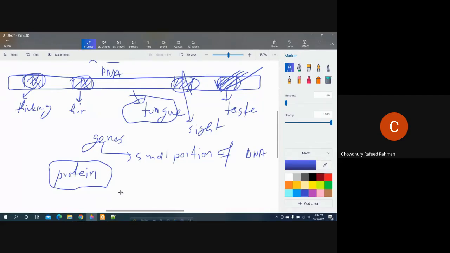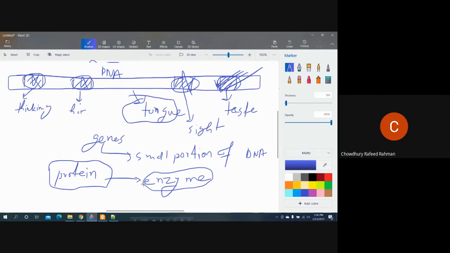So I think we all have heard about enzymes, right? Enzymes. Yes, sir. What enzymes do is facilitate all the activities inside our body. Suppose one enzyme is responsible for breathing, one enzyme is responsible for controlling the oxygen level of our body.